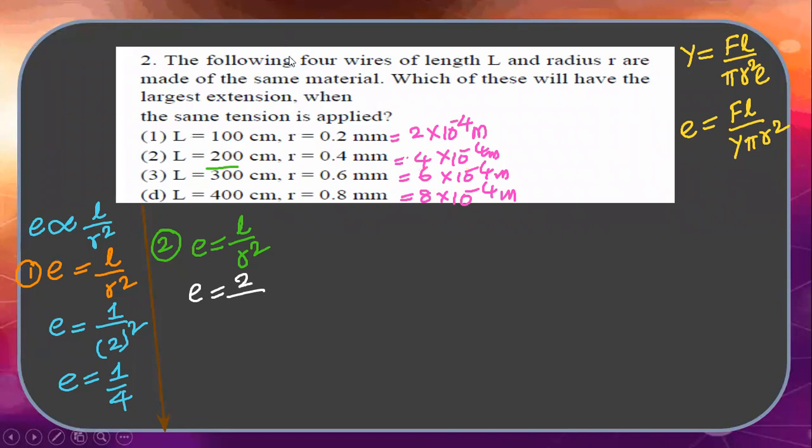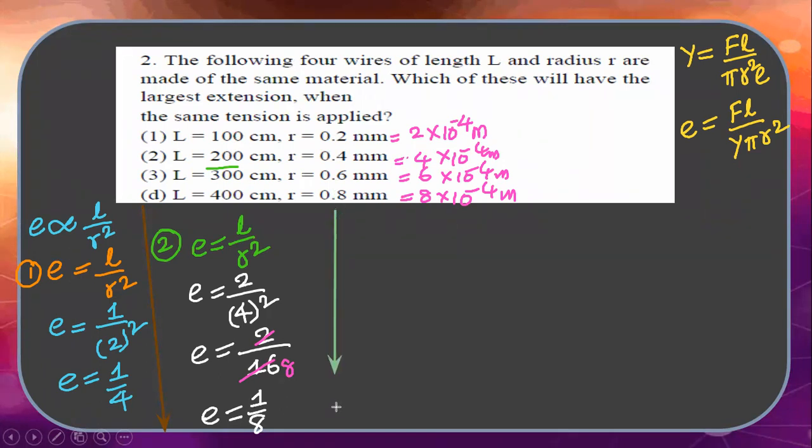That's why no need to take it. So E is equal to 2 divided by 4 whole square. E is equal to 2 divided by 16. Therefore, elongation E is equal to 1 by 8.